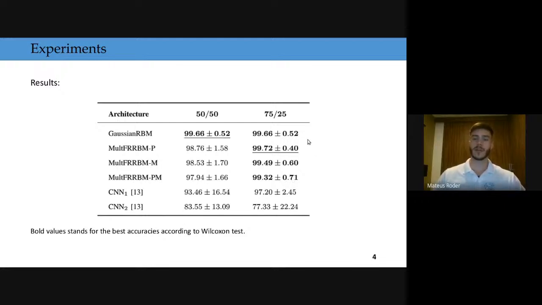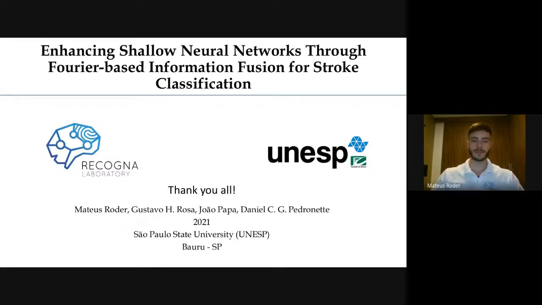For the second split, with more data, the best result comes from the multi-Fourier RBM with phase angle, which has the highest accuracy, and all the models in bold were greater than the baselines CNN1 and CNN2. Thank you all.